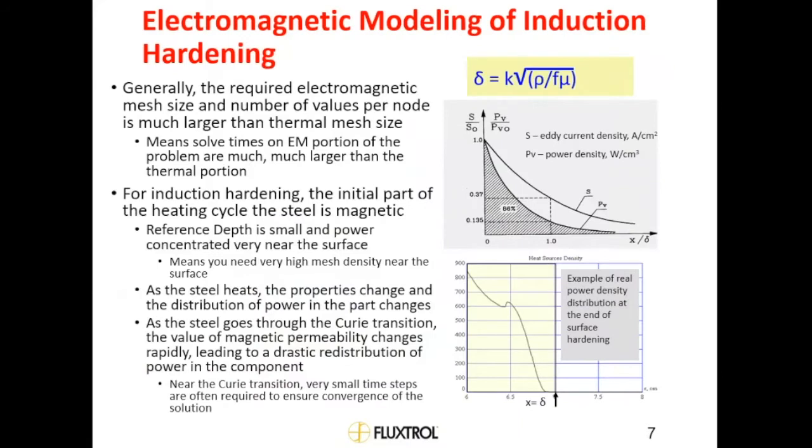So what do we need to know about induction heat modeling for induction hardening? There's one principle that will not be covered in any of the other talks, and that's the principle of the electromagnetic reference depth. Essentially, it's an electromagnetic size.